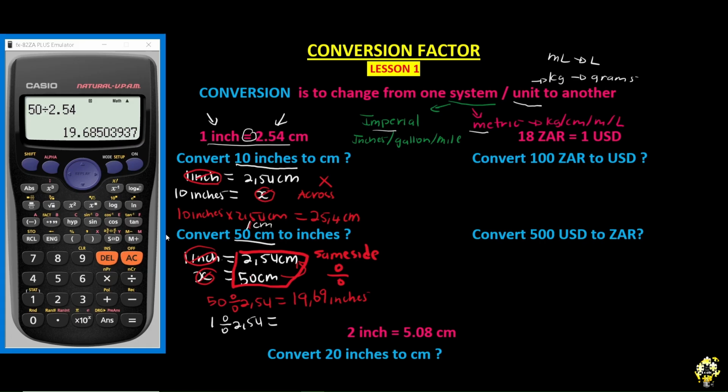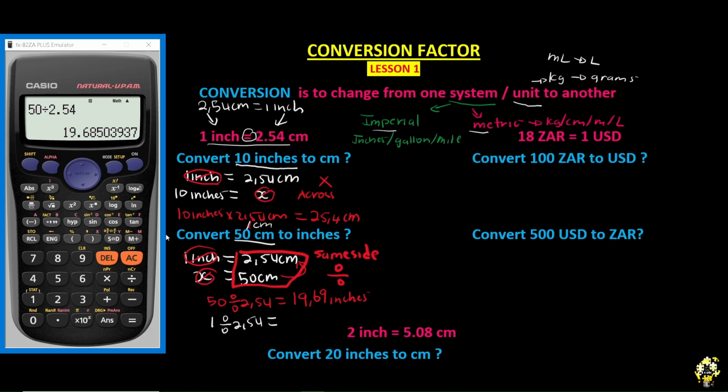Even if it was 254 centimeters is equal to 1 inch, it would serve the same purpose. It's the same thing. Why? Because the equal sign is telling us that what we have on our right and on our left are the same.